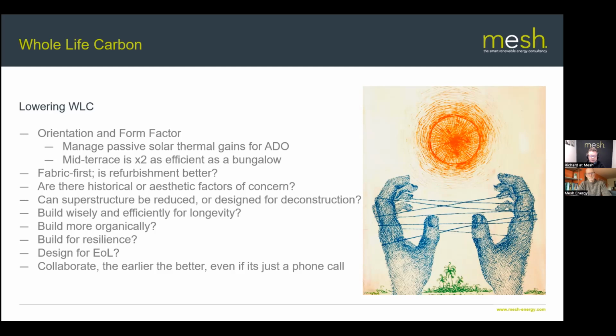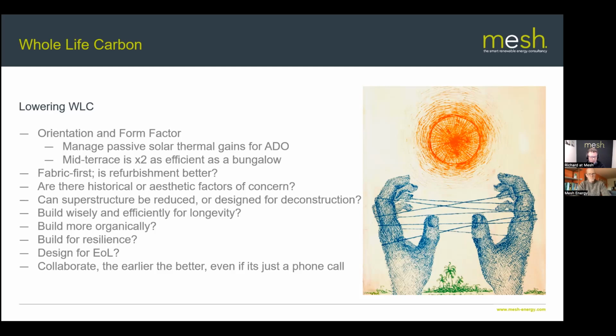Are there historical or aesthetic factors of concern? Can you change the superstructure? Can the amount of superstructure be reduced? Is it possible to design it for deconstruction? Can we be more choosy about the position of particular materials within the fabric of a building so you get that durability and longevity as well as really good thermal performance?